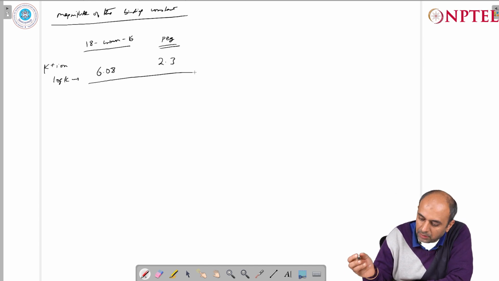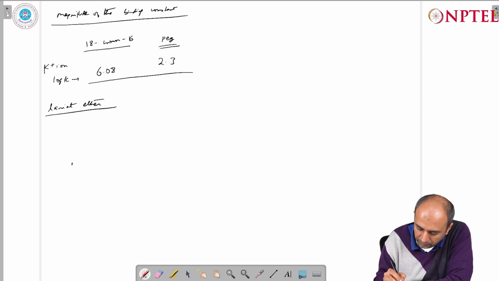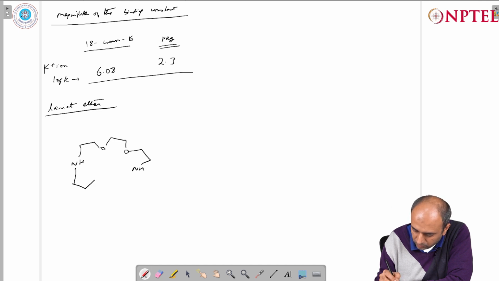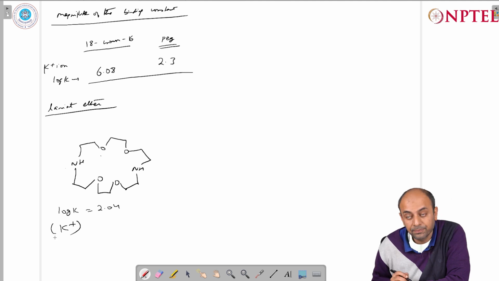In this regard, people have synthesized a new class of molecules which we call lariat ethers, where to start with we have a cyclic ether with 4 oxygen atoms and 2 nitrogen atoms, the 2 NH groups, and the binding constant log K is 2.04 for the potassium cation.